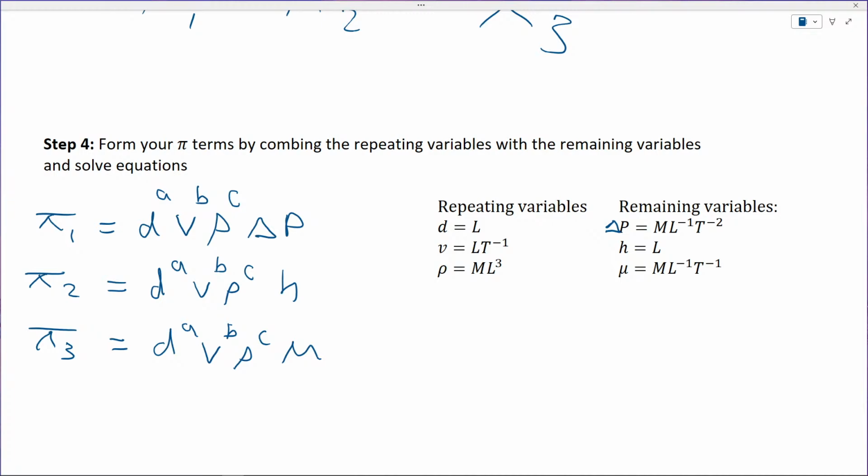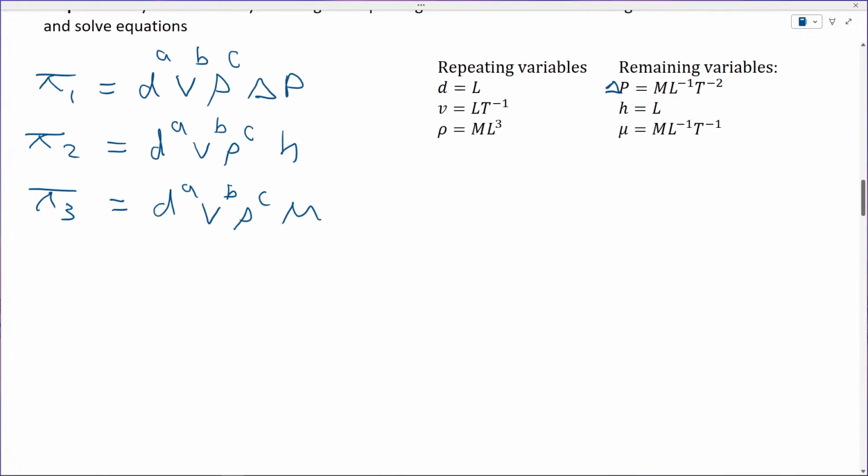Each has the repeating variables, and each one will have one of the remaining variables. Each of these is solved independently. For each of these, I want to find the powers that make the dimensions of the right hand side, for M, L, and T, equal to 0, just like the left hand side. That's basically how to do it.